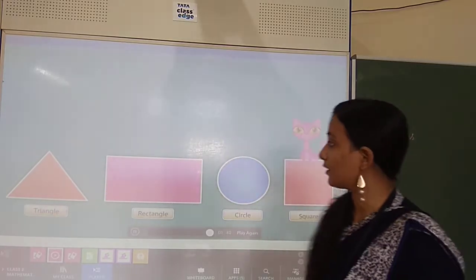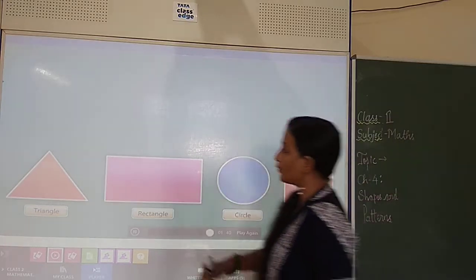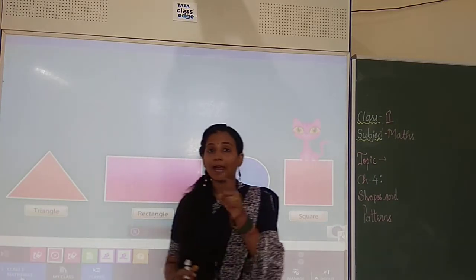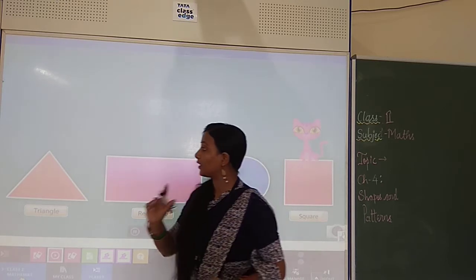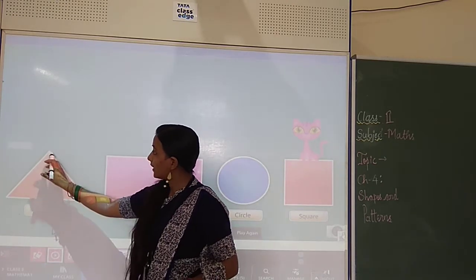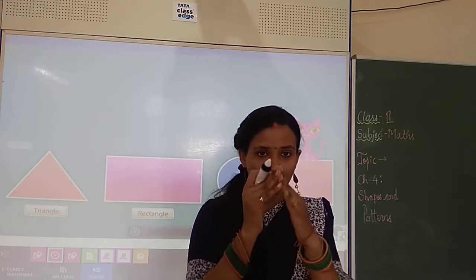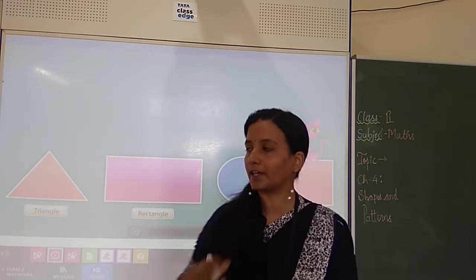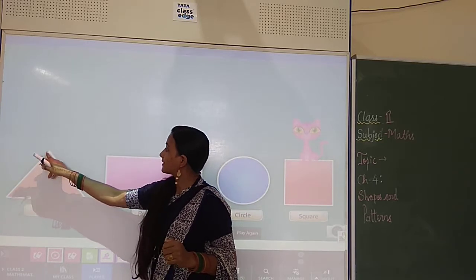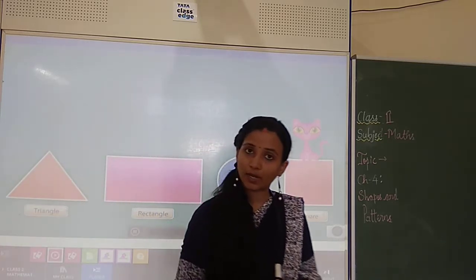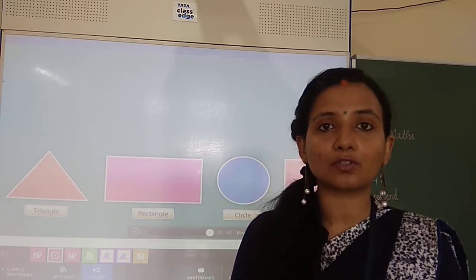A triangle has 3 sides, 1, 2, 3, and 3 corners. See, this is a corner. When 2 sides meet each other, this forms a corner. So a triangle has 3 corners itself. I hope you understand the triangle.